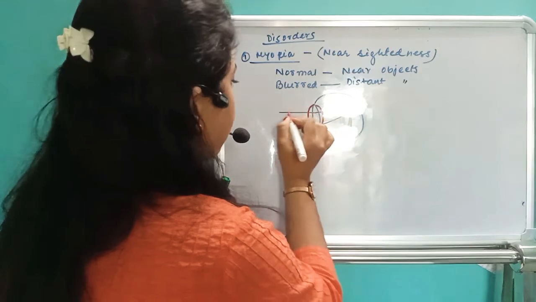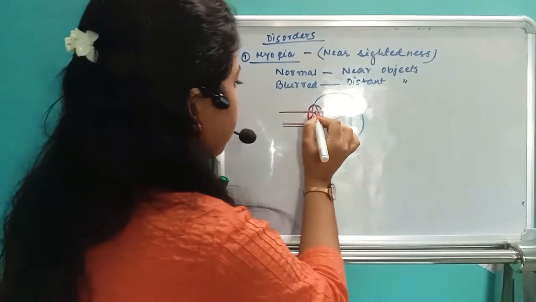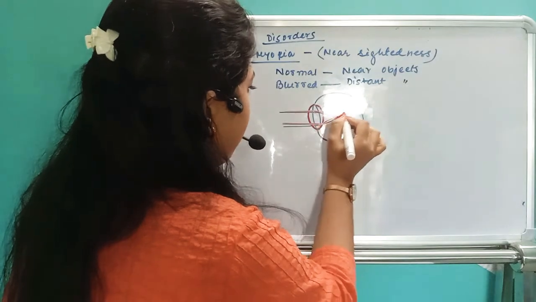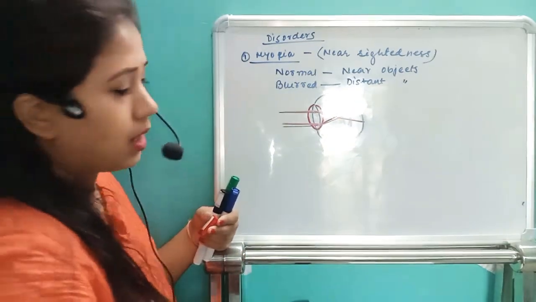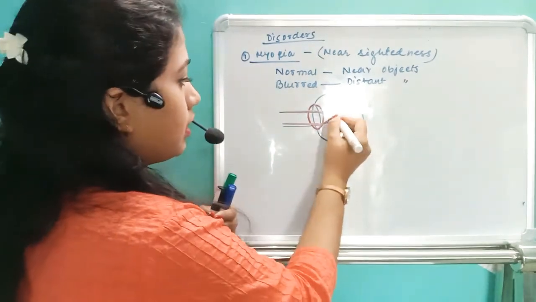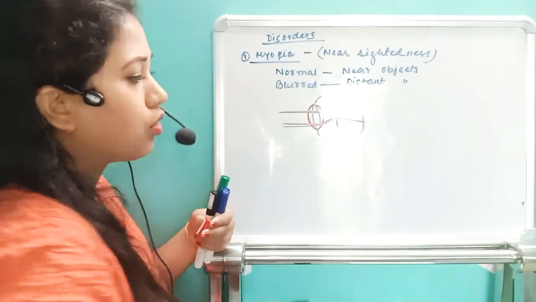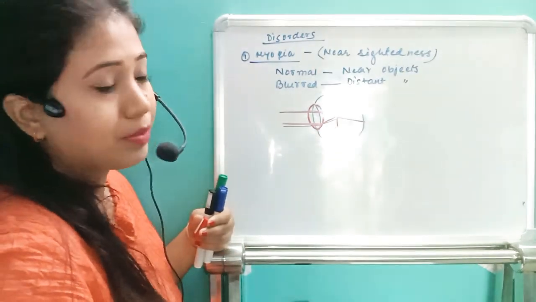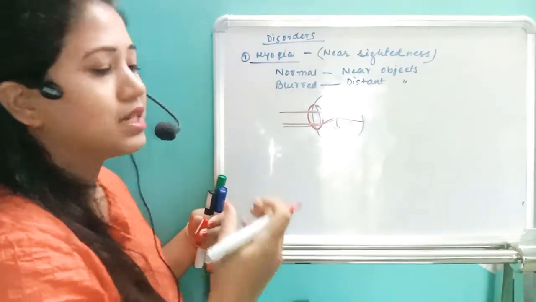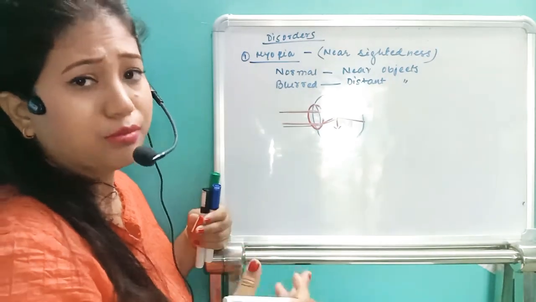Then the light will fall on the eye, but it will focus in front of the fovea, so the image formation takes place there. This individual can see the near images properly, but the distant images will get blurred.